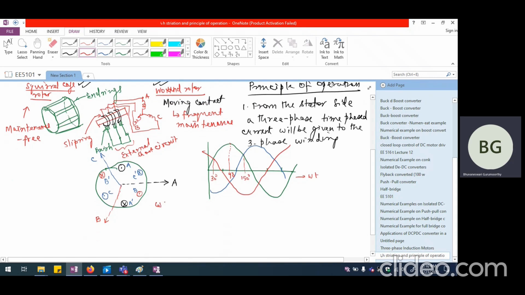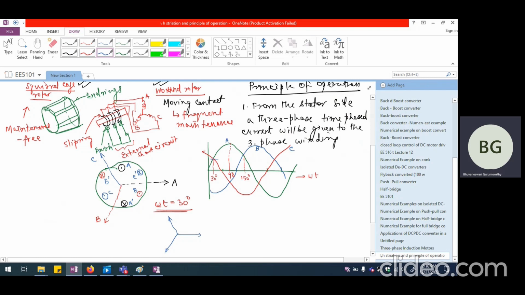So at omega t equal to 30 degrees, A phase axis is along this, B phase axis is along this, and C phase axis is along this. So this is A, this is B, and this is C. C phase is 50% of the peak, because that is sine 30, in the positive direction.